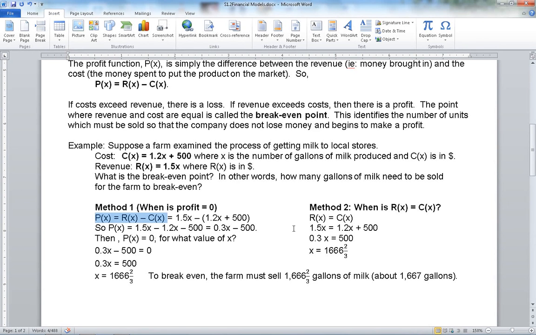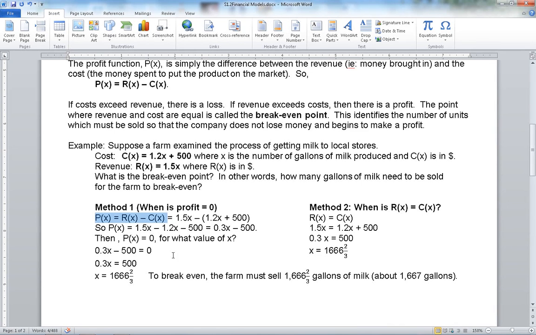That would be your break-even point. The second method is to set revenue and cost equal. So revenue equals cost. In other words, 1.5x equals 1.2x plus 500, at what value of x? So then you would subtract 1.2x from both sides, and you'd get the same equation we had earlier, where 0.3x equals 500.